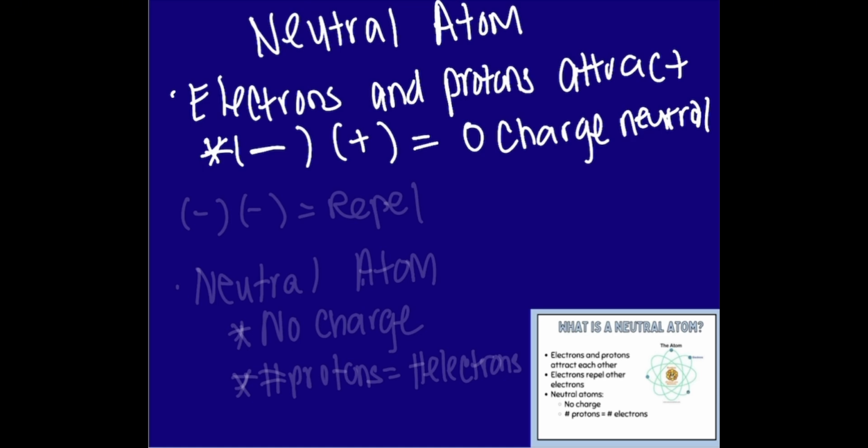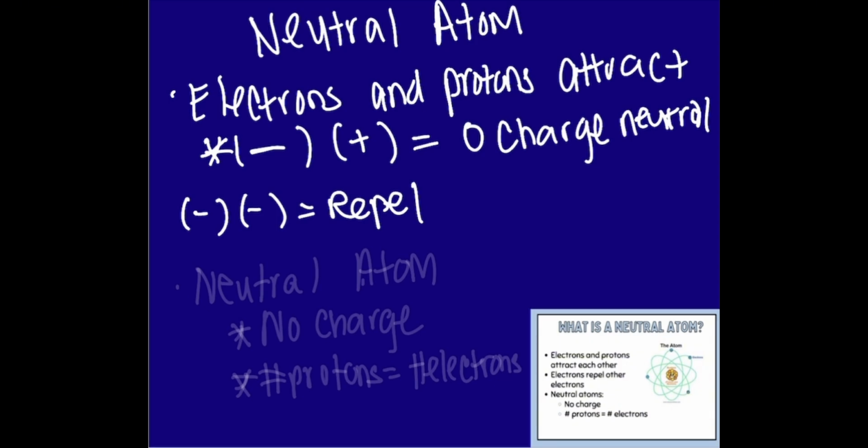We'll get into that in our next lesson, but it's important to use the verbiage positively and negatively charged and not plus or minus. Now, when you have two negative charges coming together, like electrons, they're going to repel. They're going to separate. They're not going to come together.